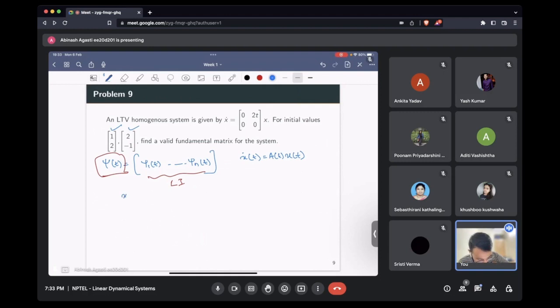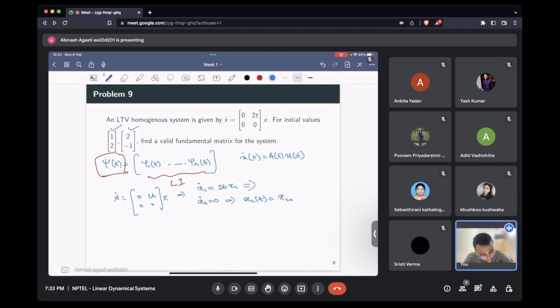First, let us write down what we have: the matrix 0, 2t, 0, 0 times x. That means x1 dot is equal to 2t x2, while x2 dot is 0. So x2 of t is equal to x2 naught; x2 is a constant at its initial condition.